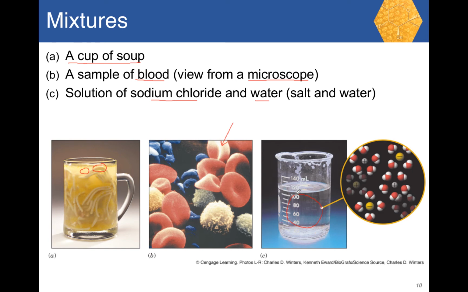So based on our definition, this is a homogeneous mixture. So again, what you need to do at this point is to look around your environment and determine if what you see is a homogeneous mixture or a heterogeneous mixture.